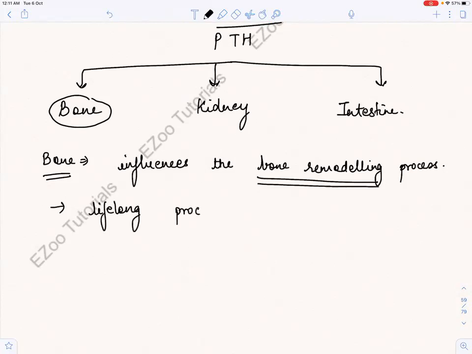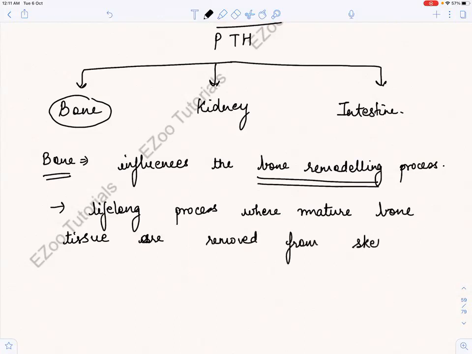Bone remodeling, where the mature bone cells, first I will write and then I will explain, where the mature bone tissue or cells are removed from the skeleton, and this process is known as resorption.